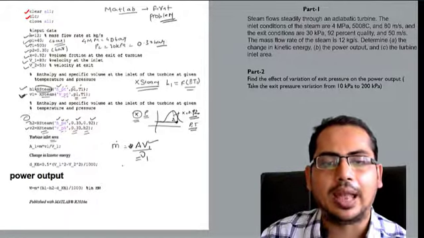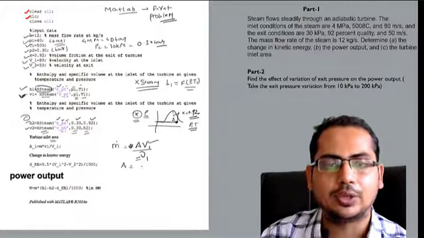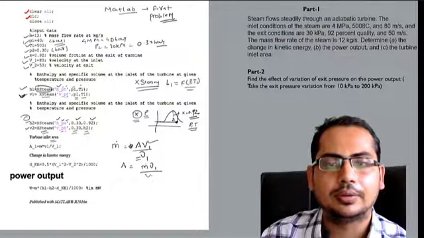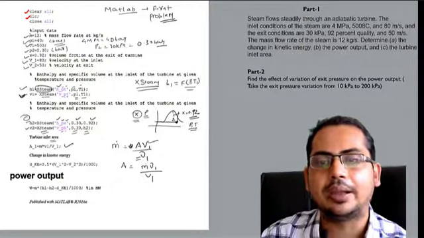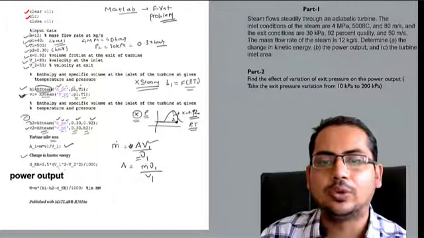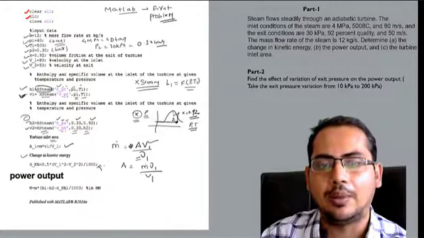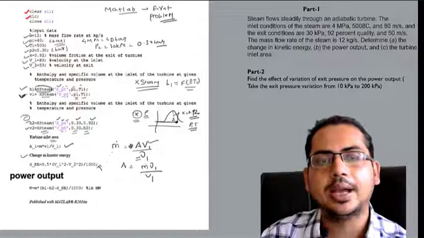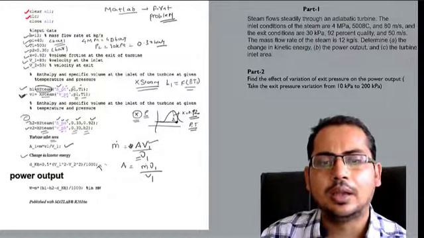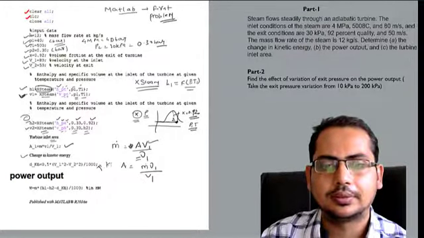From here you can calculate the area at the inlet: A1 is equal to m dot nu1 upon V1. That same code is applied in Matlab. Change in kinetic energy is 0.5 times V1 square minus V2 square upon 1000. Why do we divide by 1000? To convert that into kilojoule per kg.